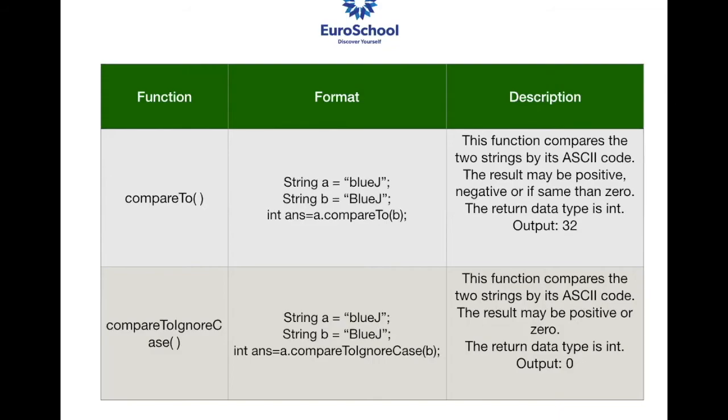Ma'am, I didn't understand. If it would have been int ans is equal to b dot compareTo a, then it would have been a negative answer? Correct, the number would be negative. Let's take the word BB only.